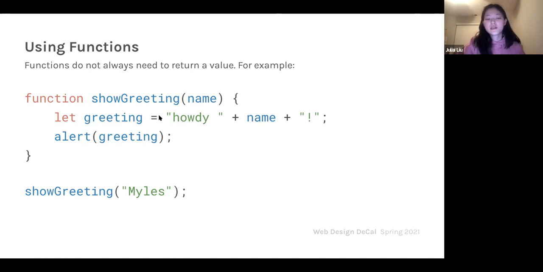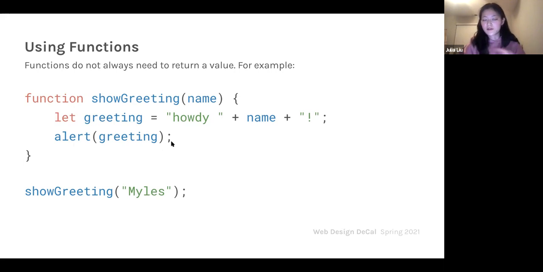So here we have function showGreeting with the parameter name. We're passing in some arbitrary value as the variable name inside this function. Then we use this variable to concatenate it with the string "Howdy" and an exclamation mark, and we make that greeting. Then we call alert on greeting.